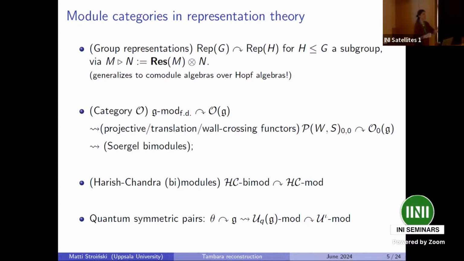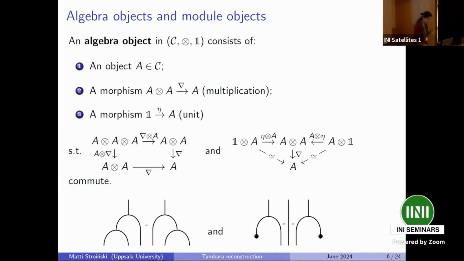And finally, another cool example: if we have an involution on a Lie algebra, then we can consider the action of the quantum enveloping algebra on the so-called quantum symmetric pair, or the iquantum group. So this is how module categories appear in nature.